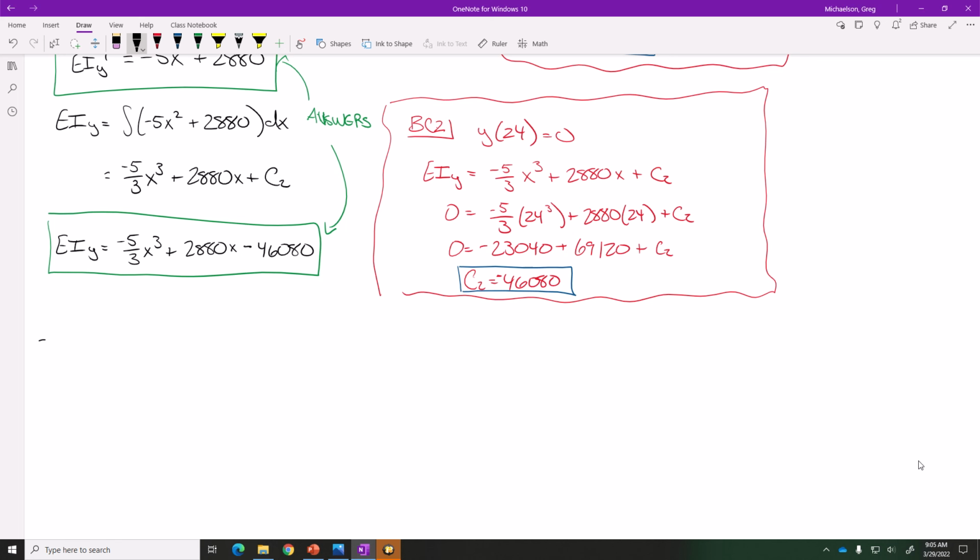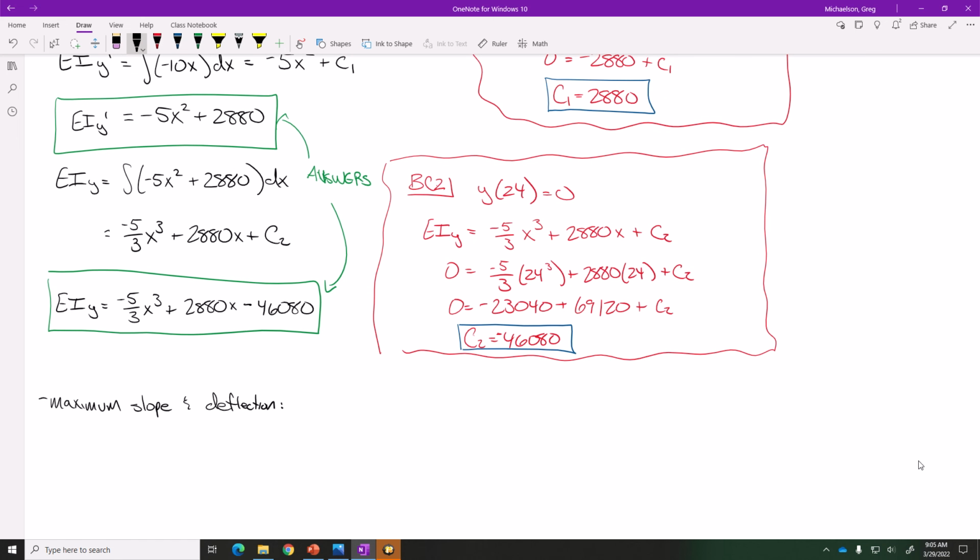So let's do both. So y prime max, and in some places in the textbook that might be called theta max. So that's sort of the same thing. So it's going to be y prime at x equals 0.